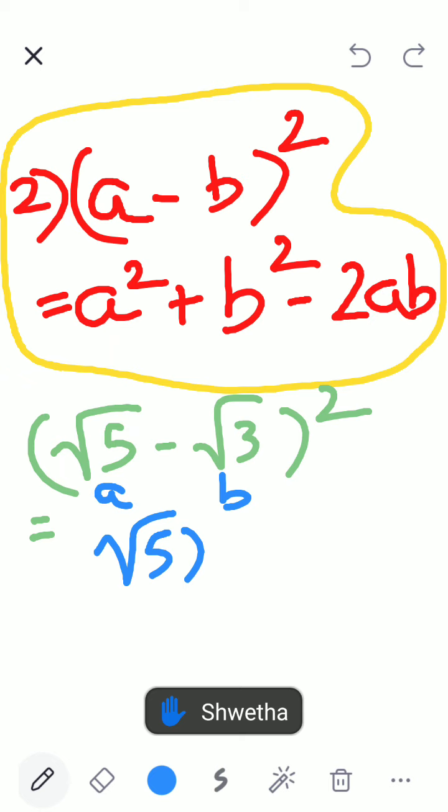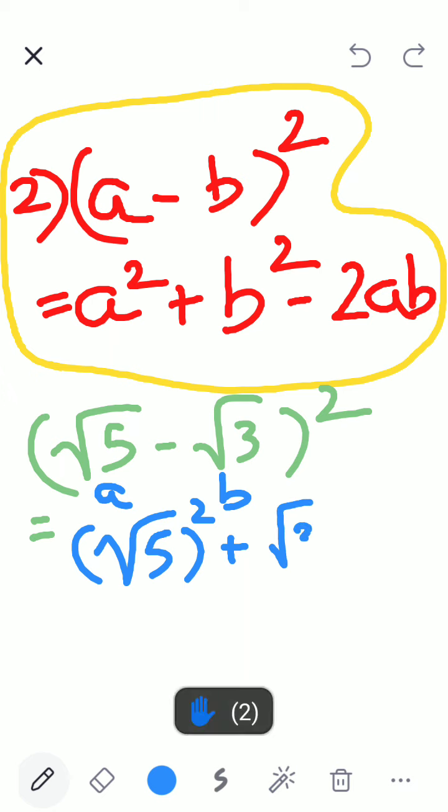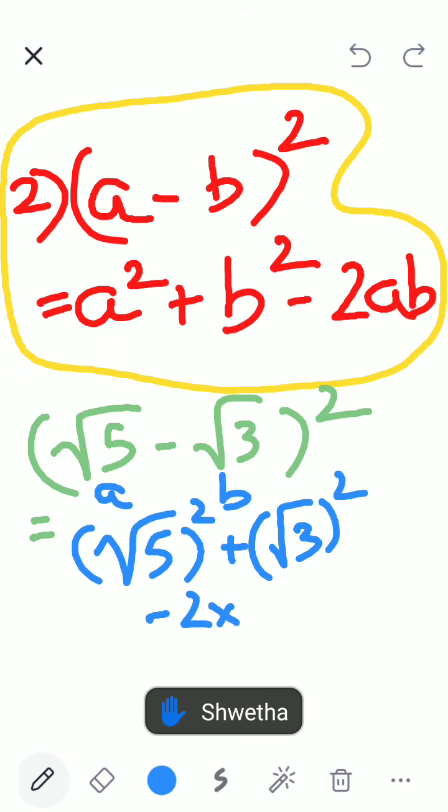Root 5 square plus square root 3 square. 2 into root 5, into root 3.